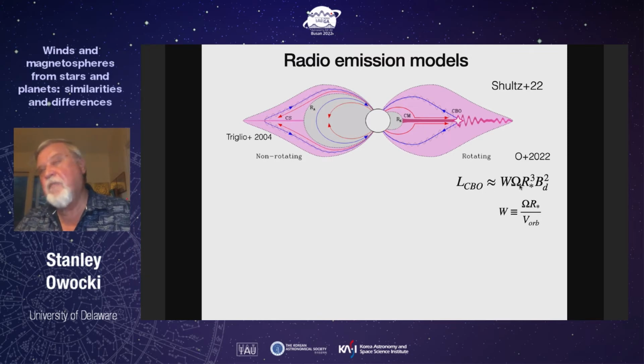So this scaling would imply that something like the energy of the magnetic field is being dissipated every rotation period or so. And now that doesn't necessarily have to be the case, but that's the predicted proportionality.